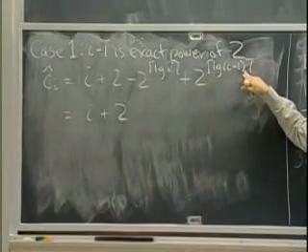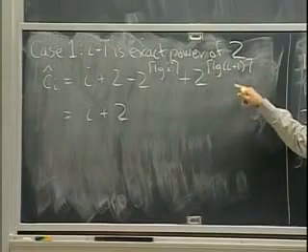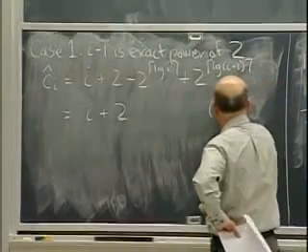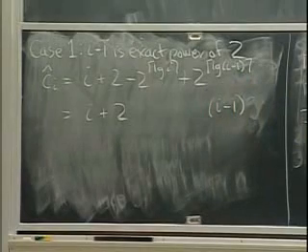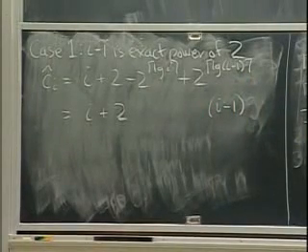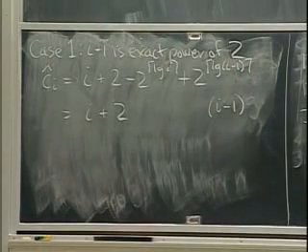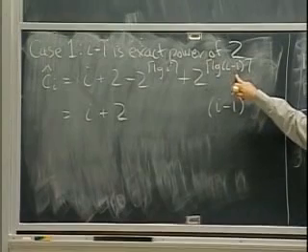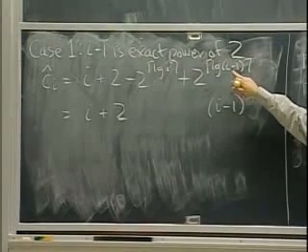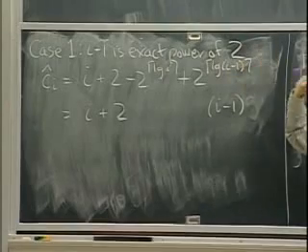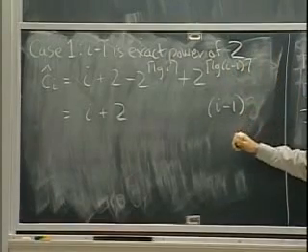So this is 2 to the log of i minus 1, which is i minus 1. Right? If it's an exact power of 2, then the log is an integer. So taking the ceiling doesn't matter. Get rid of the ceiling.